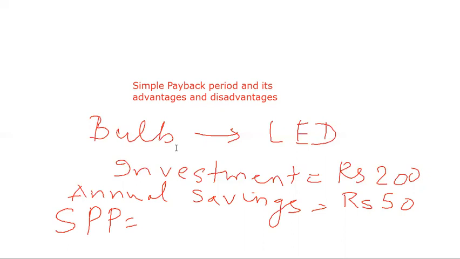In order to calculate that, the number of years required to recover this investment can be calculated by a simple expression, which is the investment which has gone in, that is expenditure or capital cost, upon the annual savings.